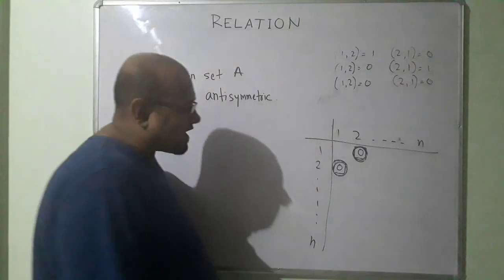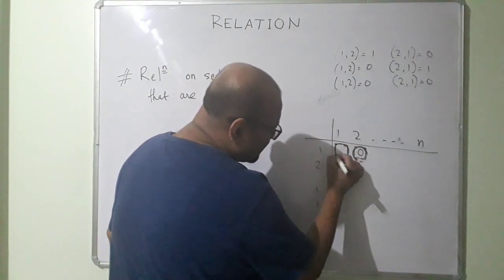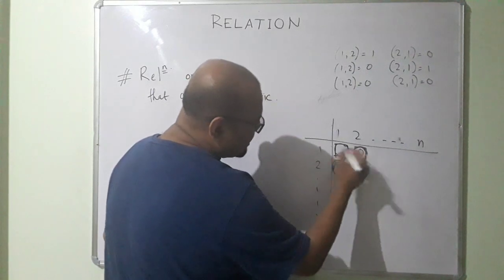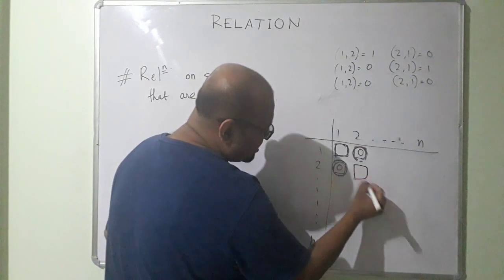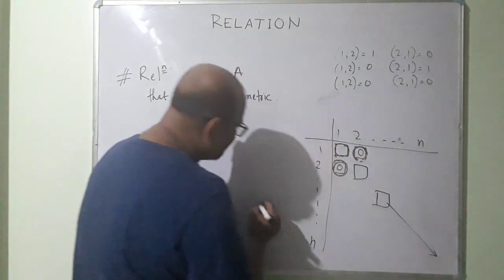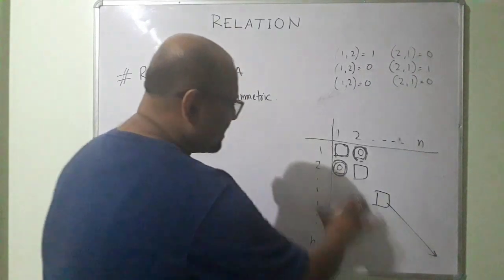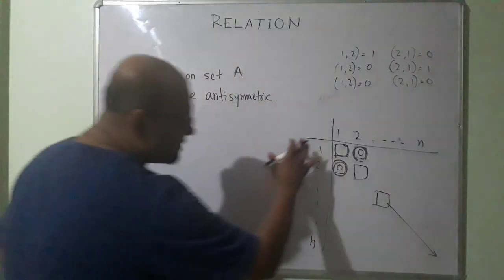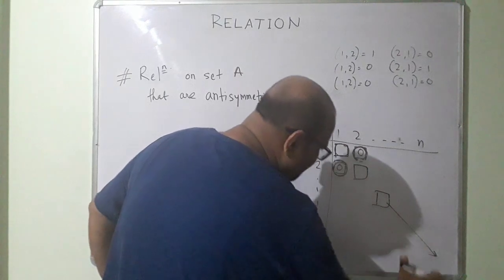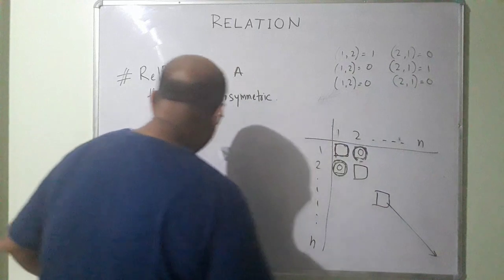So how many places are here? This diagonal I can have anything. This is not dependent on any other place. So along these diagonals I have n places that are not dependent on any other, that can be 1 or 0.